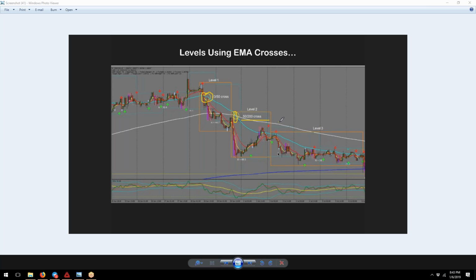Look at level 3, they're fanned out. The moving averages are split apart. That'll give you some idea of what you should be projecting. Crosses, okay? They have to cross each other, and then they fan out.